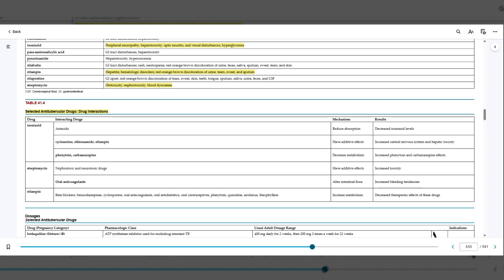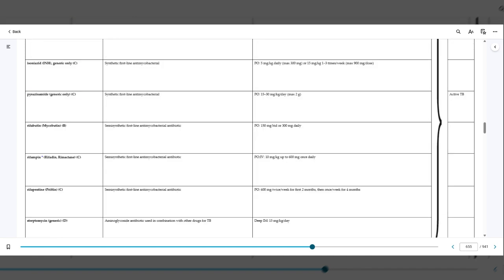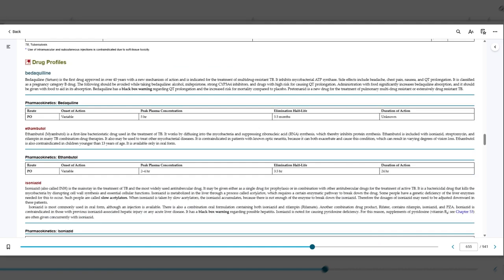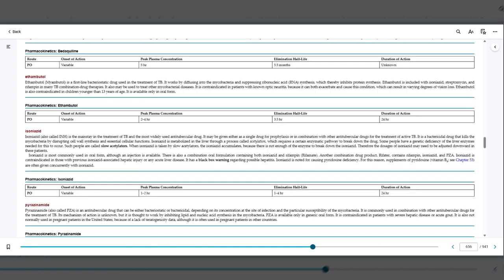When we look at our specific ones, the first medication we're going to look at, I call it a cocktail, so our anti-tubercular cocktail, is my INH, or isoniazid. It's the mainstay treatment for tuberculosis, the most widely used anti-tubercular drug. It can be either used as a single drug for prophylaxis or combined with other tubercular drugs for the treatment of active TB. It's bactericidal, so it's going to actually kill the infection itself.